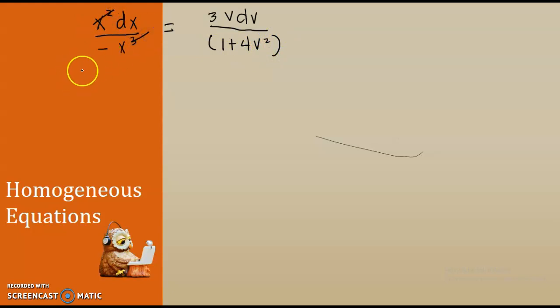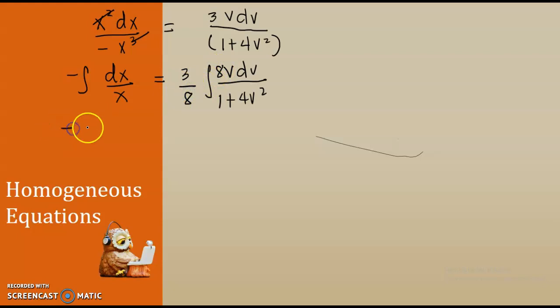Okay, cancel. We have the integral negative dx over x equal to 3 integral v dv over 1 plus 4v squared. Okay, the derivative of 4v squared is 8v dv. Ang kulang sa numerator natin is 8. If you add 8, you have to include 1/8 here.